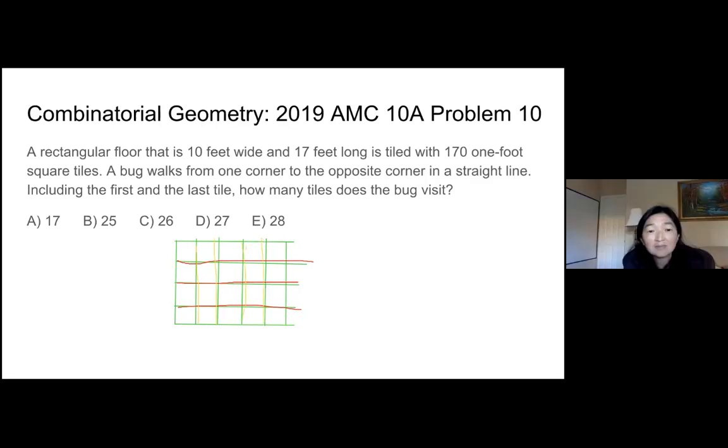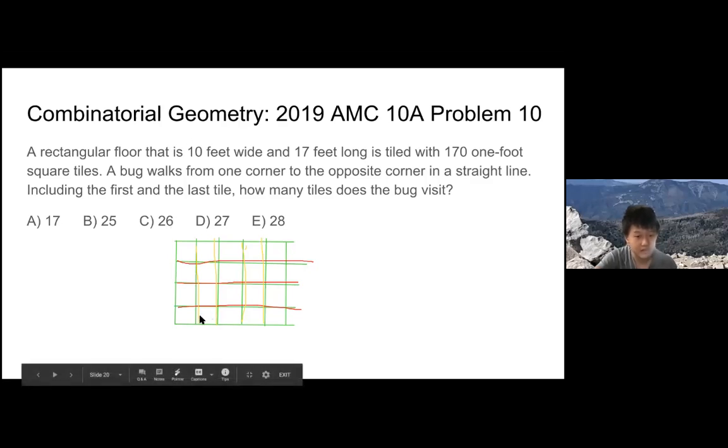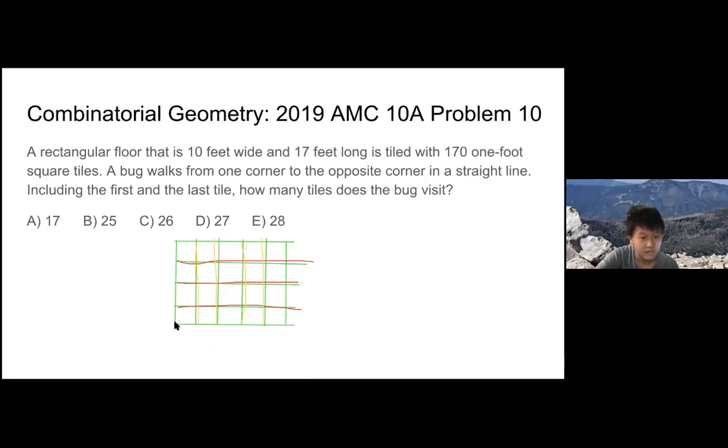These don't include the edges of the floor, by the way. Each time this bug crosses a line, he enters another tile. So if we draw the path for this example, you'll see that every time the bug crosses a red or yellow line, he enters another tile.